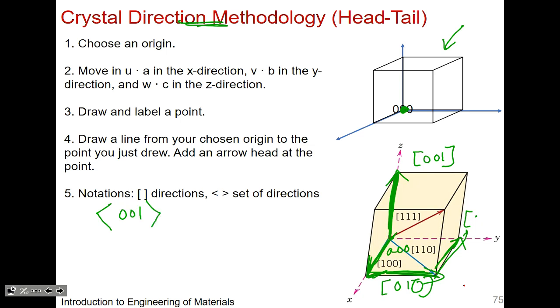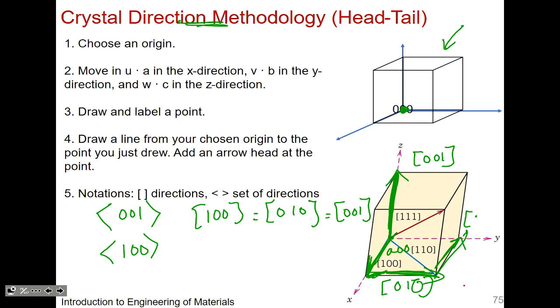It's communicating to me that you have symmetry where it doesn't matter in whichever direction you go. You've moved 1 unit length, or whatever your unit cell is. You've moved 1 in that direction and none in the other directions, and all the x, y, z directions are equivalent, which is the case for a cubic system. Okay?